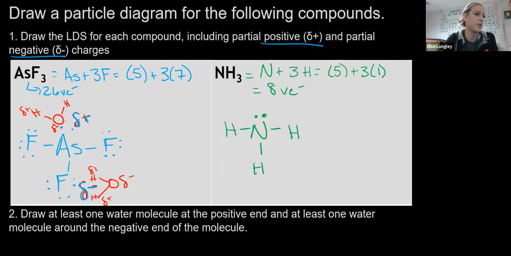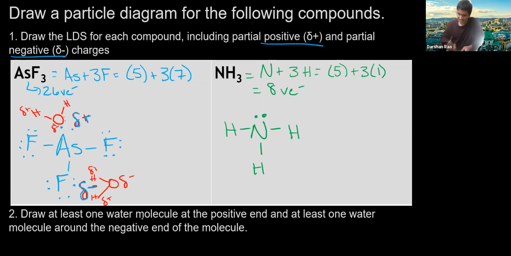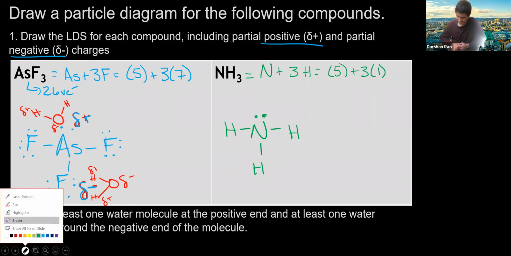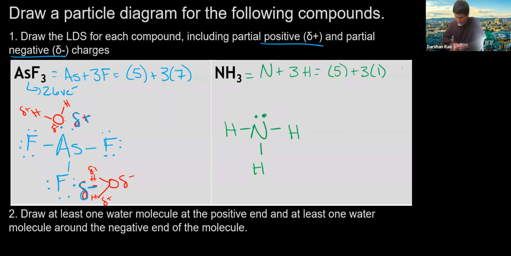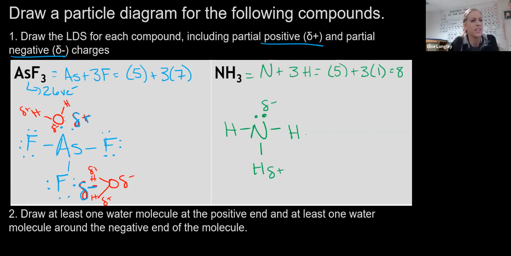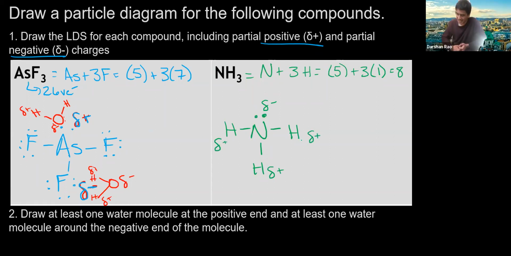Now, what did you decide for your partial charges? I said that the nitrogen is more electronegative than hydrogen. So I said each of the hydrogens were partial positive, and the nitrogen was partial negative because it has a lone pair on it. How would water go? Water, so I did the O in the middle, oxygen 6 valence electrons, hydrogen is 2 times 1 is 2, that's 8.